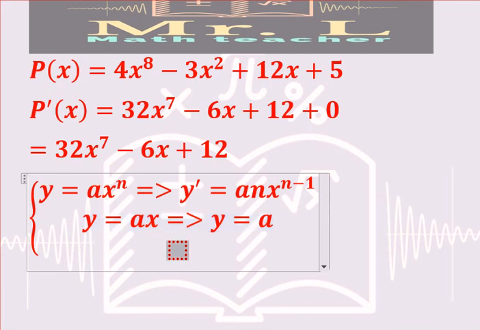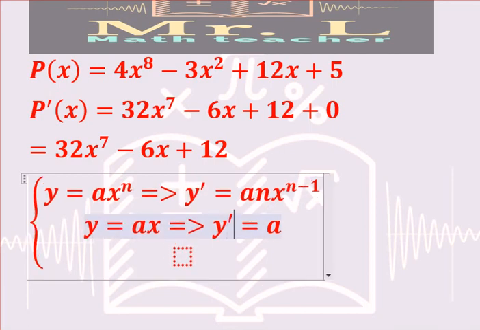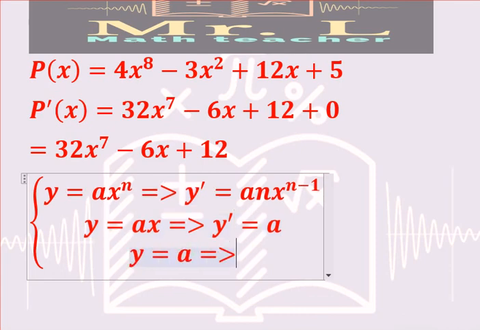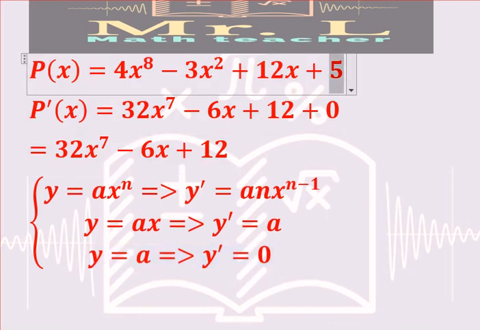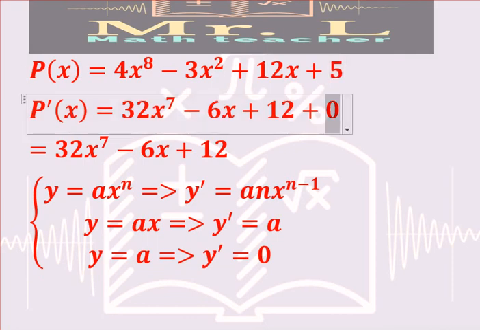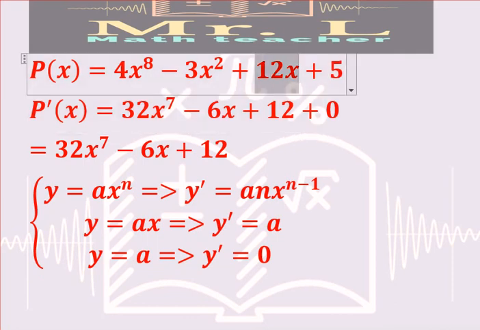And the derivative of a constant, let's say y equals a, is simply 0. If you have only a constant, then the derivative is equal to 0. Same as we did in this example: 5 was a constant part, so its derivative is 0, and 12x was in the form y equals ax, so its derivative is a.